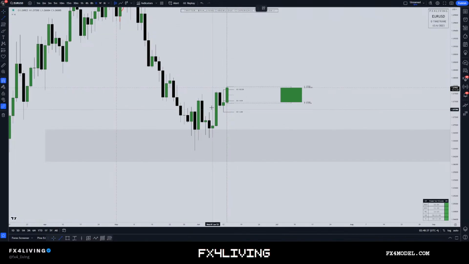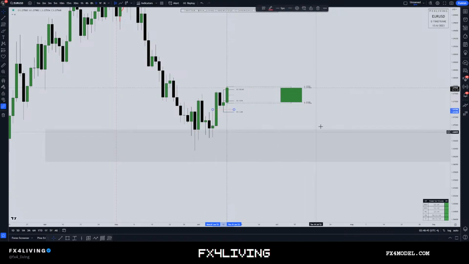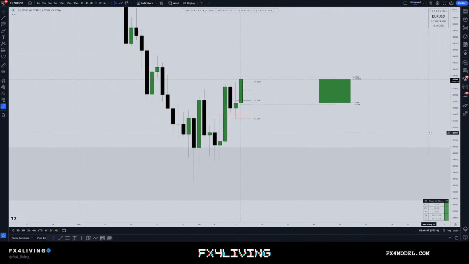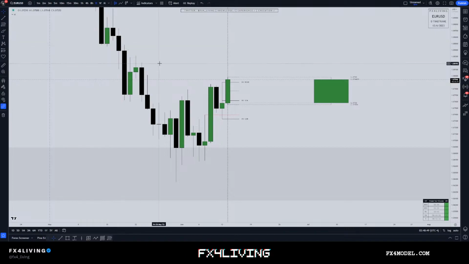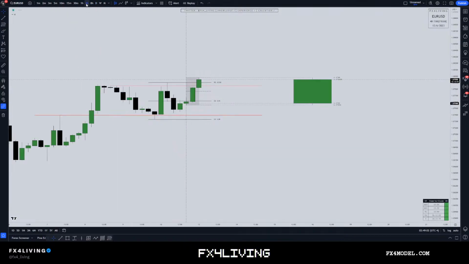So this was our breaker. The line is way too big now. Right now we technically broke this level here, but the candle's not closed yet. We can go on the smaller time frame and see what's going on.